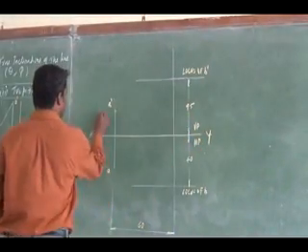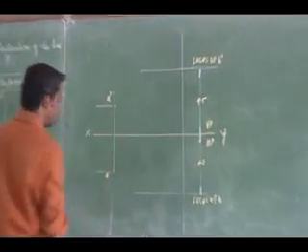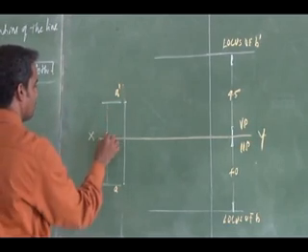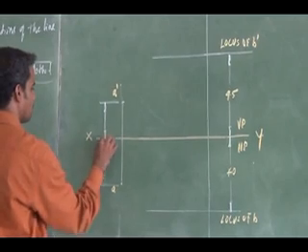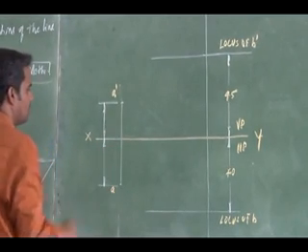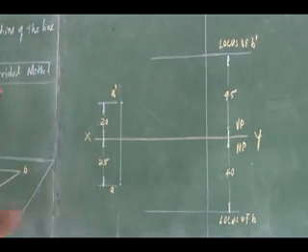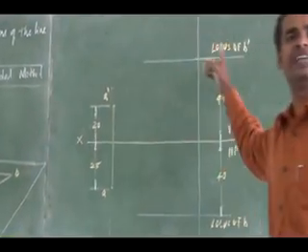Okay, this is 20. This is 25. Right. Now your task is, where will I have B dash and B.